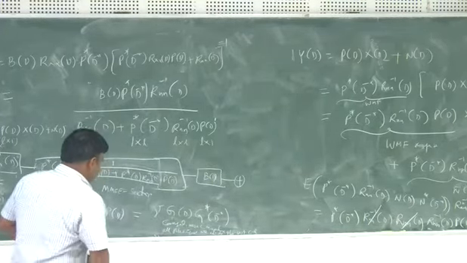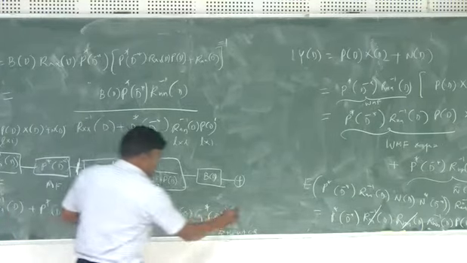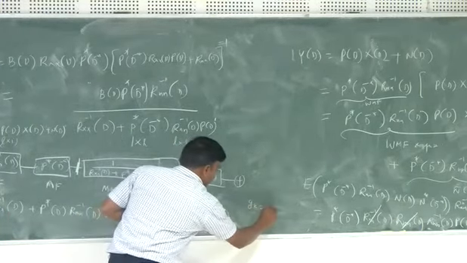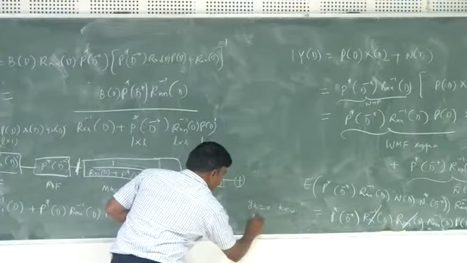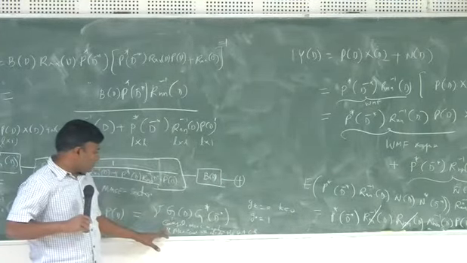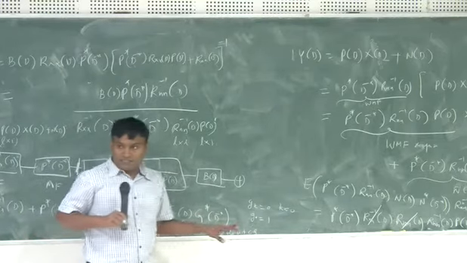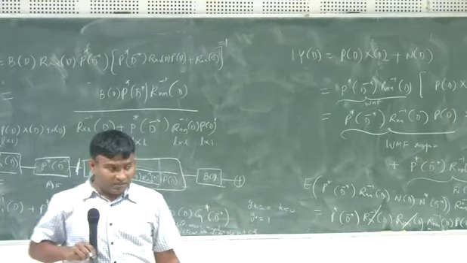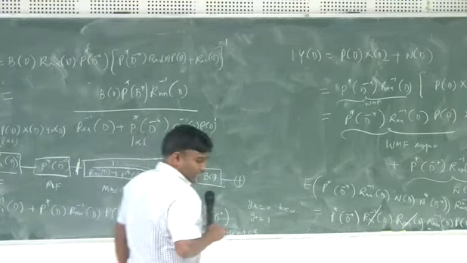Causal is G of K equal to 0 for K less than 0. Monic is G0 equal to 1, and all poles and zeros are inside the unit circle. And G star D inverse is strictly the opposite of it: causal, monic, and maximum phase.